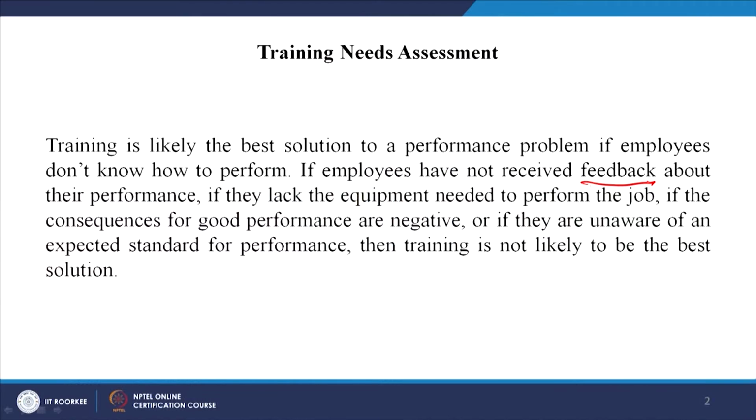If the consequences for good performance are negative, because if the resources are not managed, many times the employees complain that we have asked for this particular equipment, that equipment is not provided, but from us the expectation is to do this particular job, then definitely there will be a problem, and employees will not be able to meet the targets, the results, expectations, and therefore what is to be done.